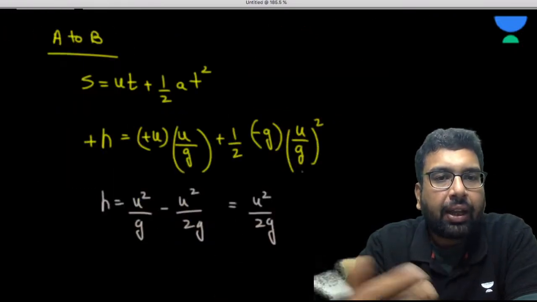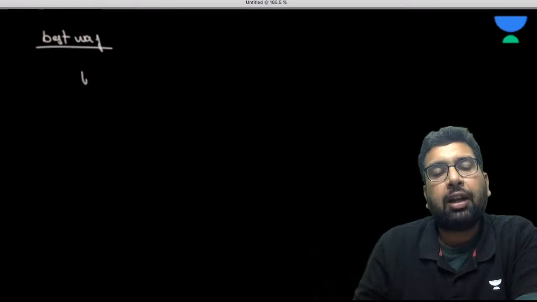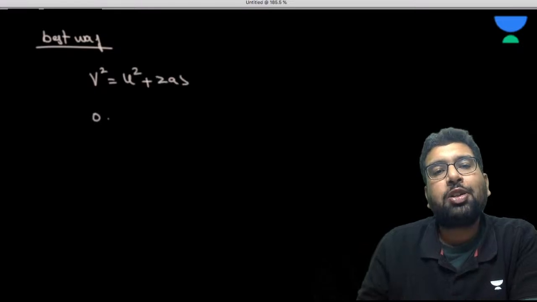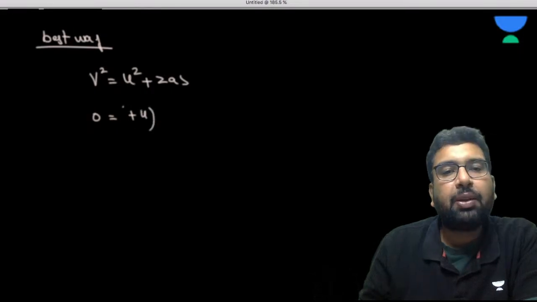Okay. Now let's apply this one. So what is the best way? V square is equal to u square plus 2as. Now this final velocity is 0. Initial velocity, since it is upwards, is plus u.